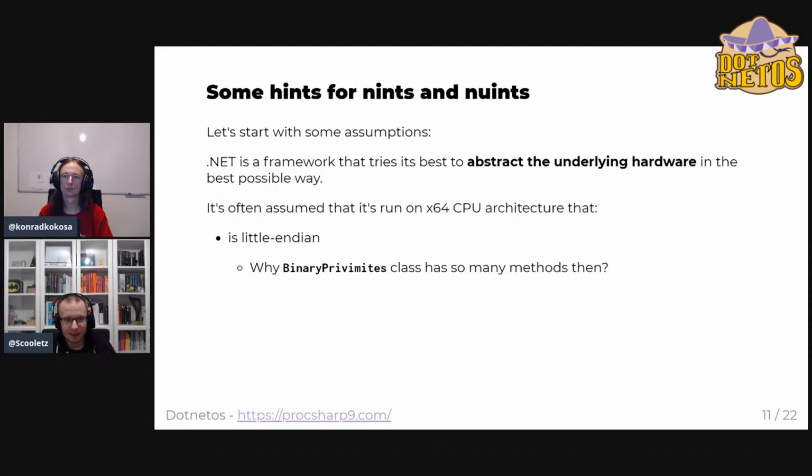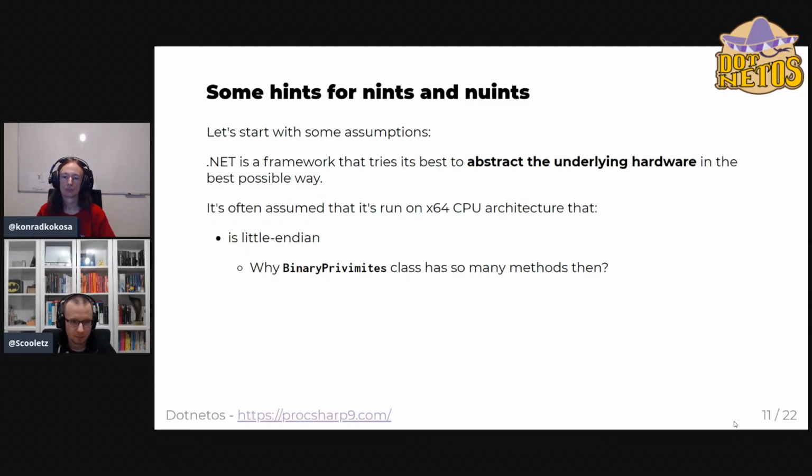If it finds a mismatch between the endianness of the underlying hardware and the method that you called, it will do the proper reversal of bytes in this specific number, and then write it properly. So it's really nicely optimized, and it takes into consideration all these abstractions put on top of the actual hardware.